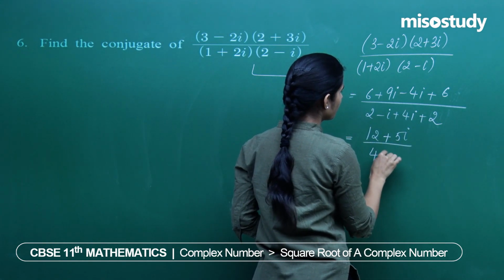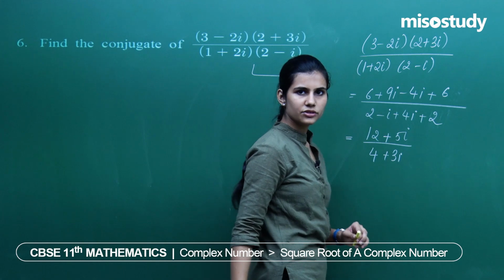Whole upon 2 plus 2 is 4, plus 3i, since 4i minus i is 3i.